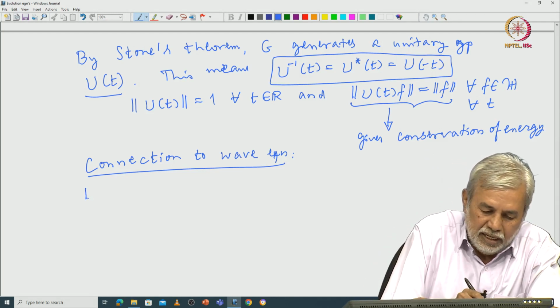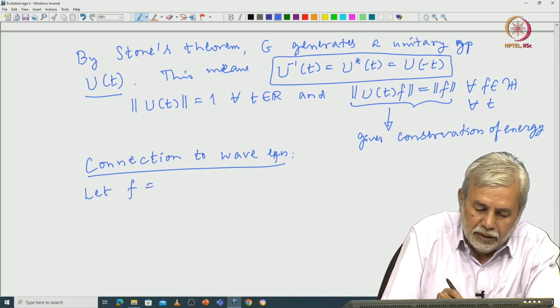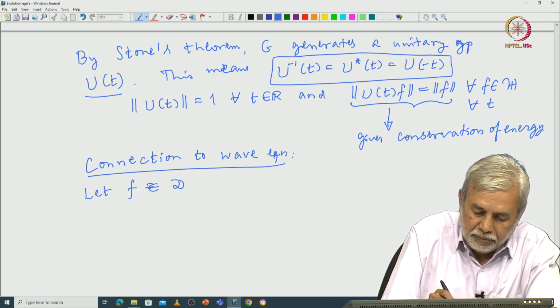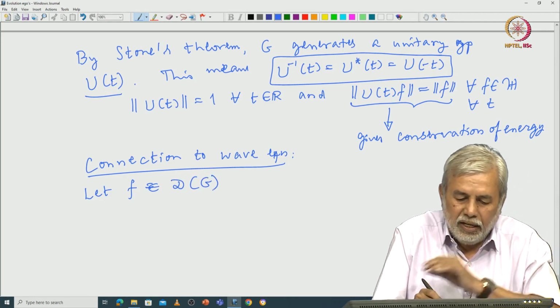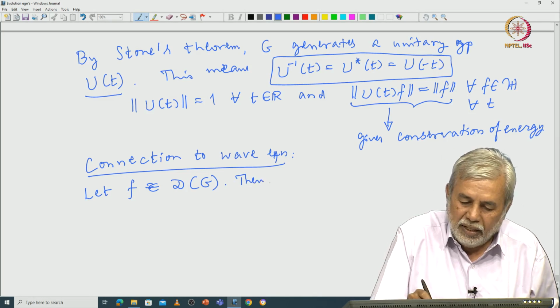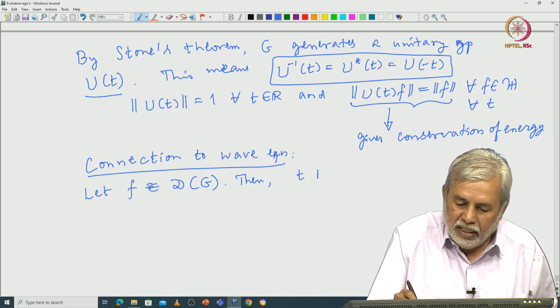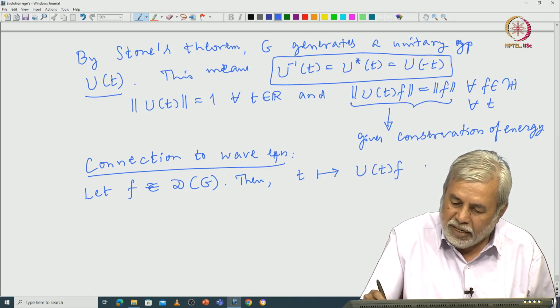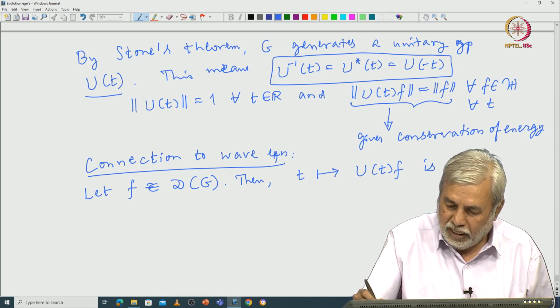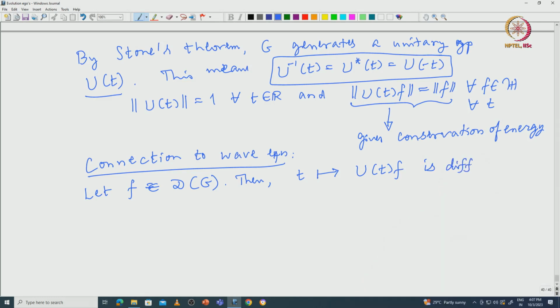Okay. So, let F belong to DG. Then this mapping, with this we have already studied, this going to UTF is differentiable. See how the general theory is helping us, and this relation we have d by dt of UTF.